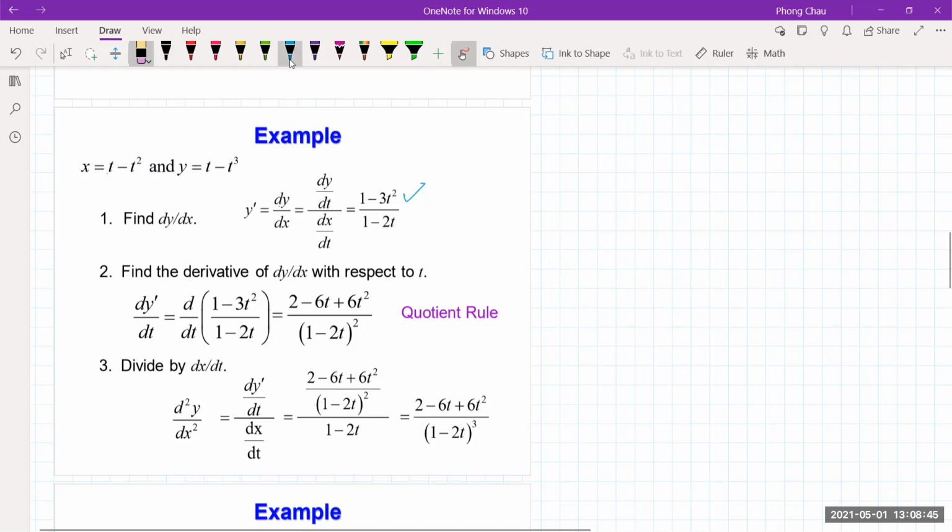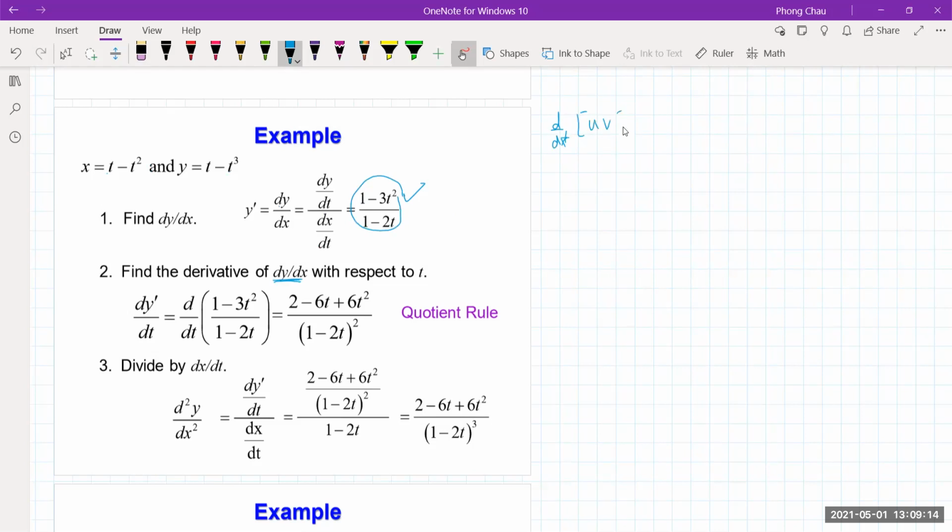Now for the second derivative, we will be looking at the derivative of dy/dx. We're going to take a derivative of that one. In this particular case, it's a bit more complicated because it is a quotient. So don't forget the derivative of quotients.